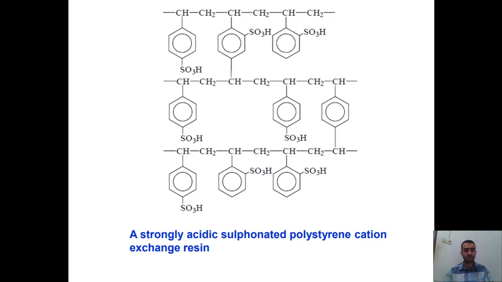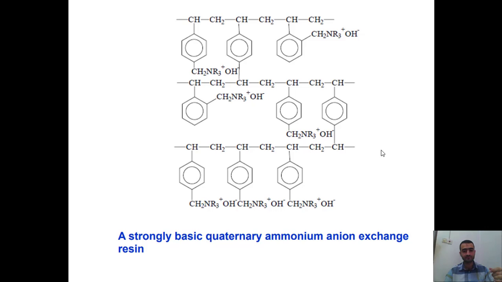This is an example of a strongly acidic sulfonated polystyrene cation exchange resin. You can see the H ions are attached to a long chain. This chain is called the host. So the host is holding the H ions, and the H ion is going to replace other positive ions in the solution, like calcium and magnesium.